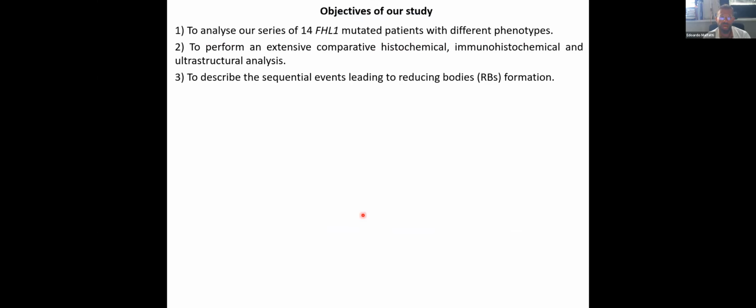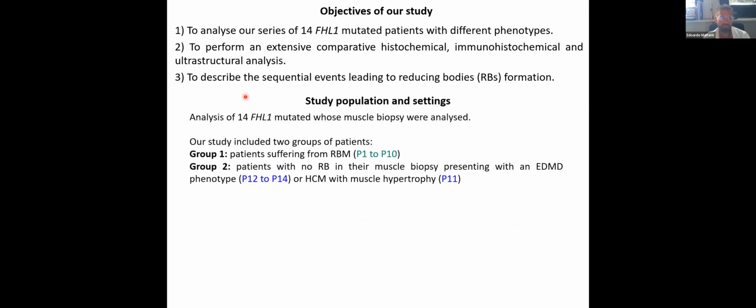Previously in our lab, we collected a cohort of 14 FHL1 mutated patients, and we decided to perform a comparative histochemical, immunohistochemical, and ultrastructural analysis in order to try to describe the sequential events leading to reducing body formation. We studied 14 muscle biopsies and clustered them into groups.